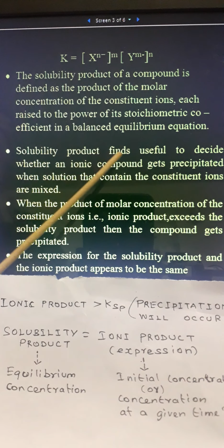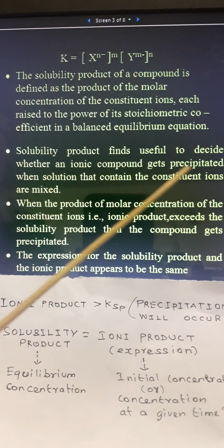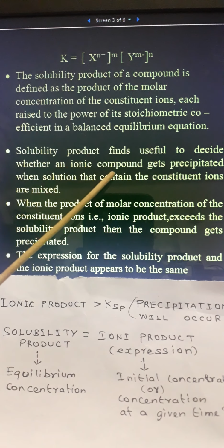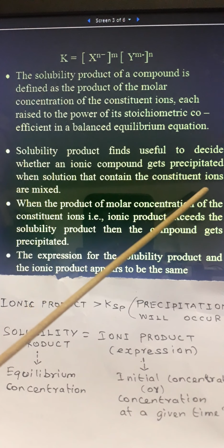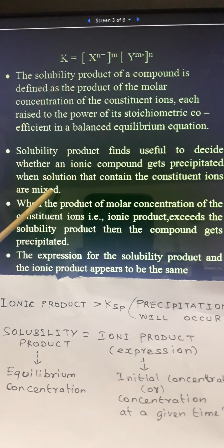Solubility product is useful to decide whether an ionic compound gets precipitated when solutions that contain the constituent ions are mixed.